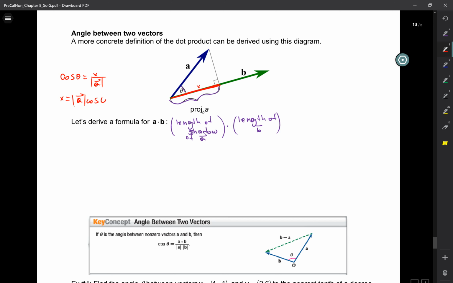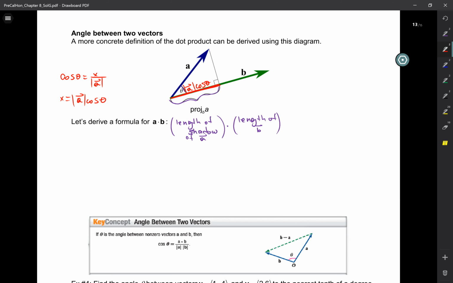Right triangles: this is an angle theta. Cosine of the angle theta is adjacent over hypotenuse. So cosine is X over A. Multiply both sides by A, I get A cosine theta. Well, because it's the length; cosine is a length over a length.